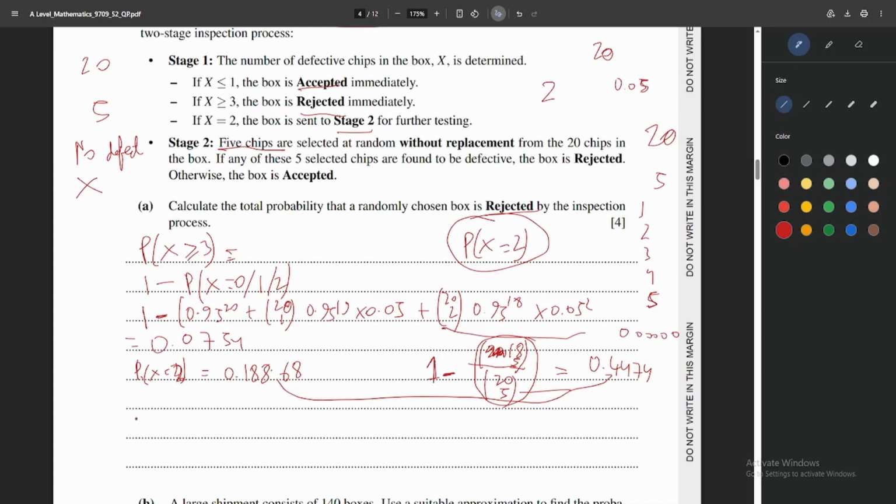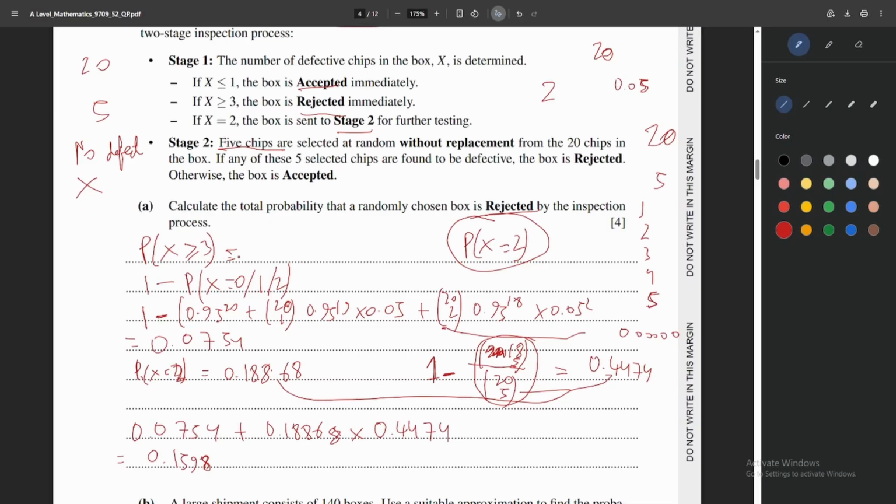So we have 0.0754 for 3 or more defective, which is rejection, plus the case of exactly 2 defective, 0.1887, multiplied by the second stage result, 0.4474. That gives us our final answer, 0.1598.